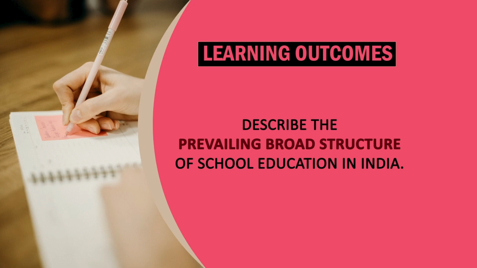What is the broad structure of school education which is presently practiced in India so far as school education is concerned? At the elementary stage, at the secondary stage, at the senior secondary stage, what is the pedagogical structure of school education which is practiced across the country? So this is one of the learning outcomes.